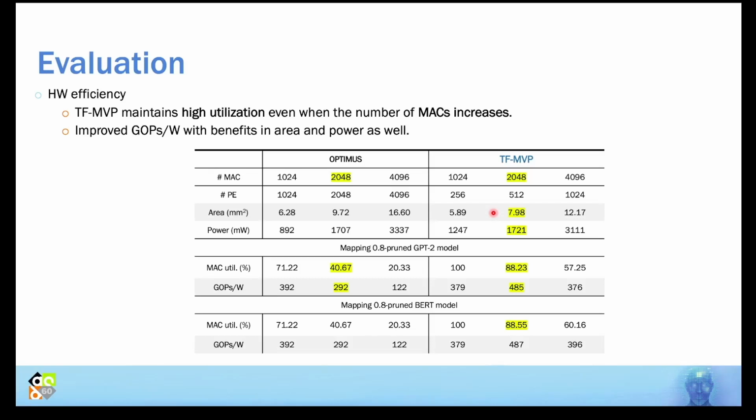Optimus has about 40% MAC utilization, but ours has about 88%, which is twice as high, and gigaops per watt is also proportionally high. As a result, although P-sum buffer and adder tree are added for implementing our ideas, we do group indexing and double buffering and got a higher energy efficiency by about 4 to 50%.